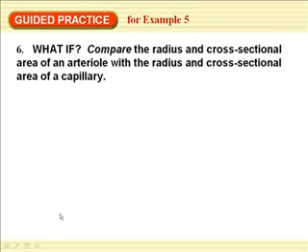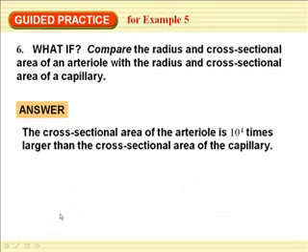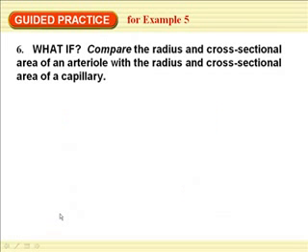So let's look at the guided practice. Compare the radius and the cross-sectional area of an arteriole with the radius and the cross-sectional area of a capillary. So you would be able to write the radius of an arteriole would be 5 times 10 to the negative 1, compared to the capillary, which is 5 times 10 to the negative 3.